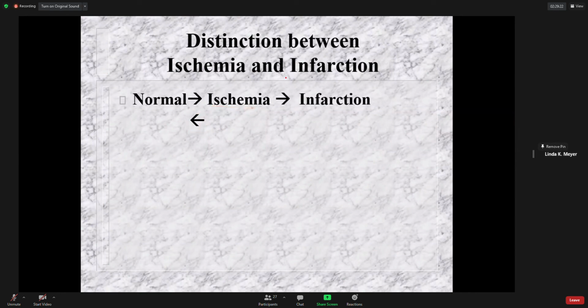But if that hypoxia becomes anoxia, deprivation of oxygen for a longer period of time, that can lead to infarction, a myocardial infarction as in a heart attack, or a cerebral infarction as in a stroke. If you notice, that is not reversible once infarction occurs.